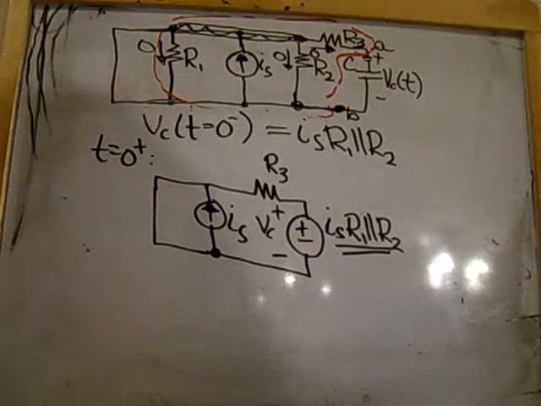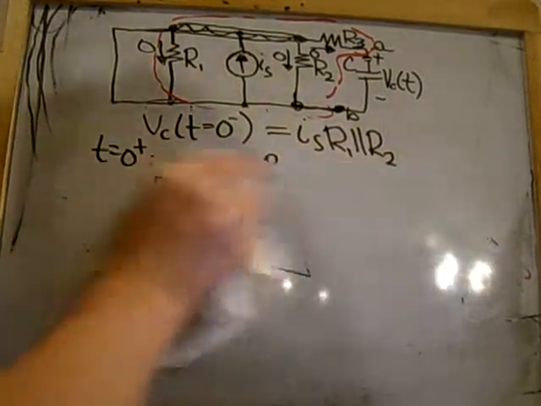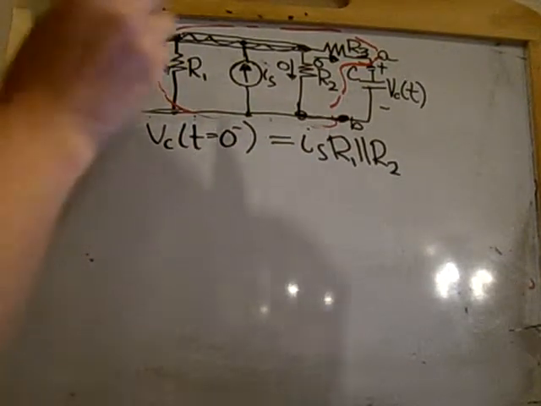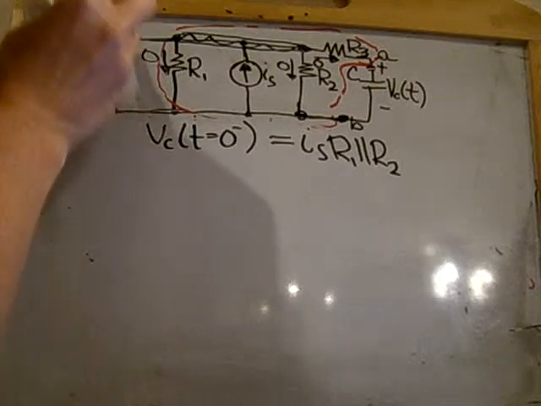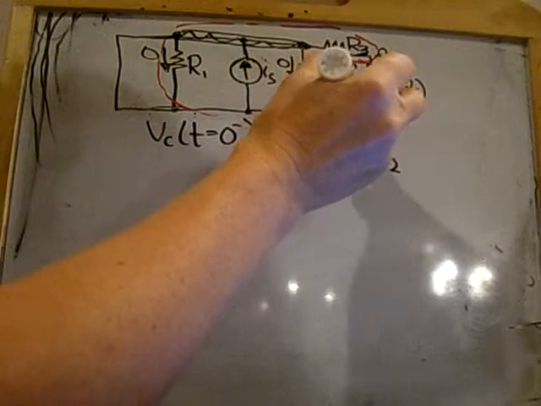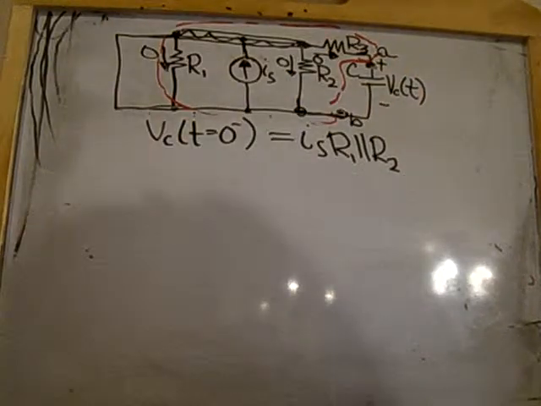So the next step would be to find at time goes to infinity, which means it sits at the final value for a really long time. This would be the final circuit. With it sitting here for a really long time, there again will be no change with time.